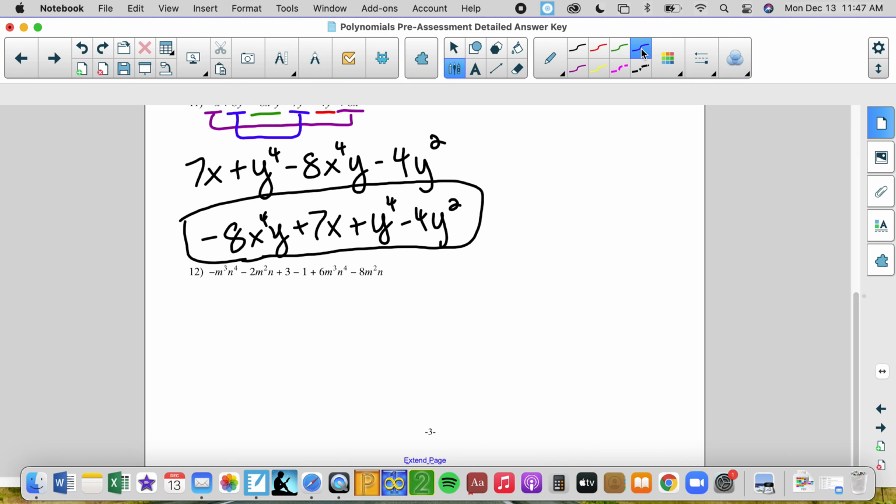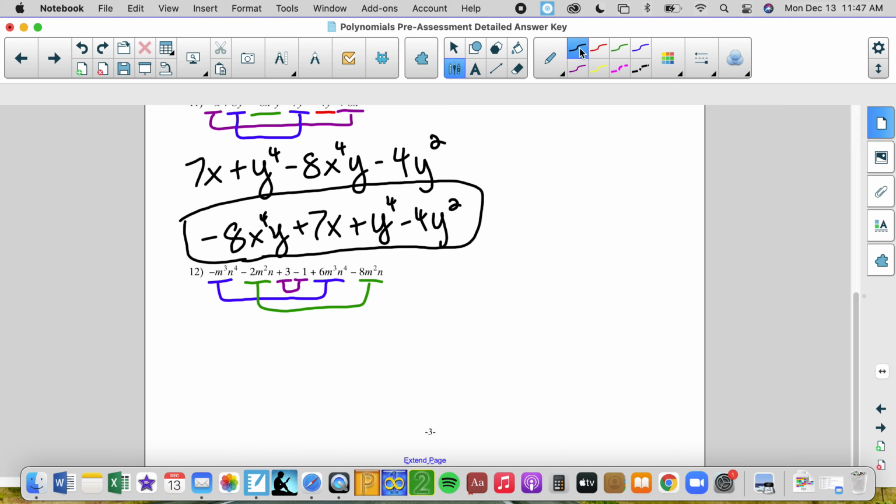So let's look for like terms. We have m to the third, n to the fourth, m to the third, n to the fourth. Those are like terms. We have m squared n, m squared n. So these are like terms. Now you have the constant, and I think I have all my terms.